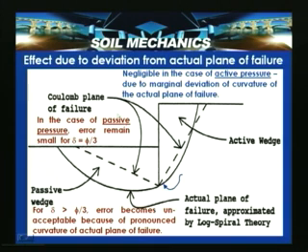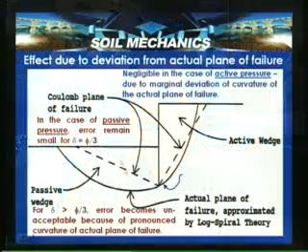But in the passive case, the error remains small as long as the interface friction angle is about 1/3 of the friction angle of the soil. That is, if delta is within phi by 3, then the error in the passive pressure remains small.